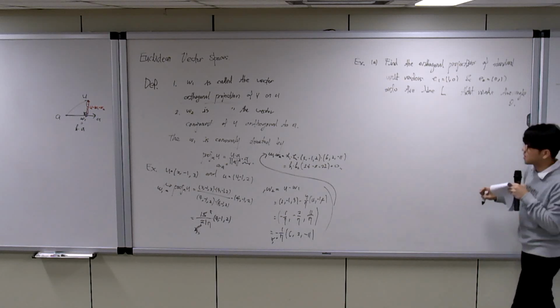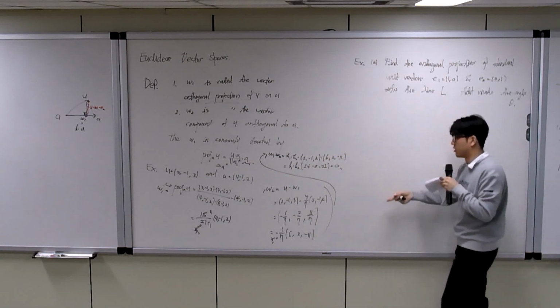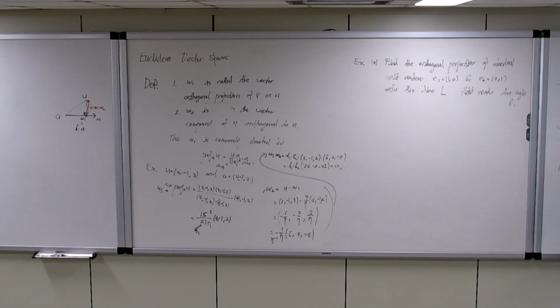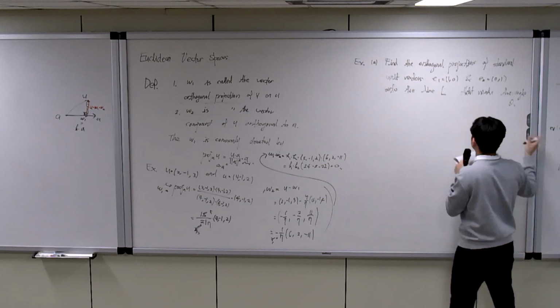Then we can find the projection of the vectors e1 and e2 onto the vector A.